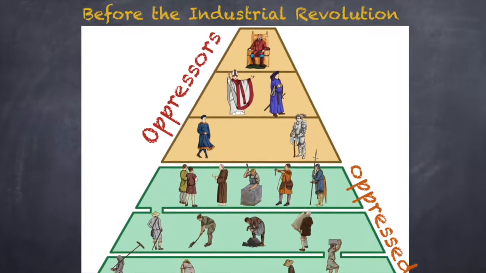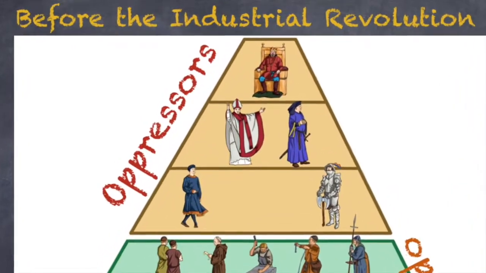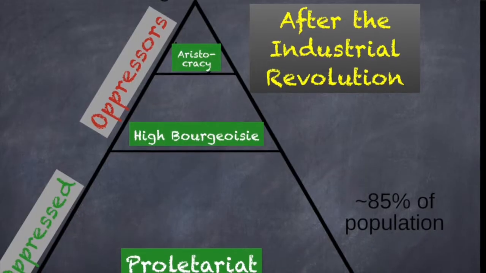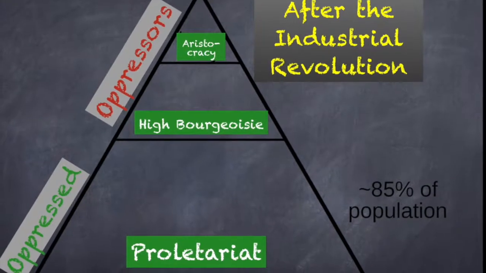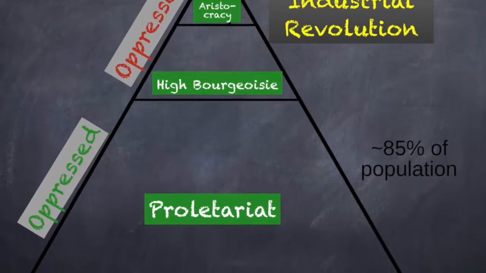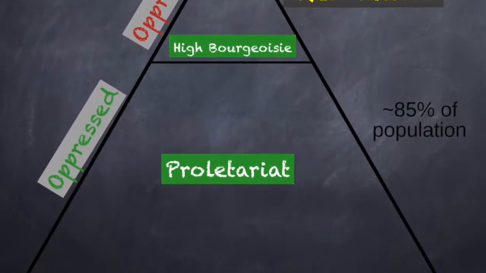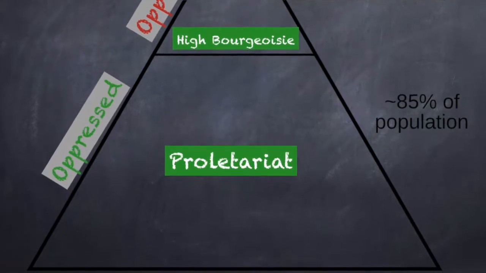Before the Industrial Revolution, oppressors were the nobility and clergy because they owned the means of production. After the Industrial Revolution, the bourgeoisie is the new oppressor class. Peasants were the oppressed during the old regime, and industrial workers during and after the Industrial Revolution.